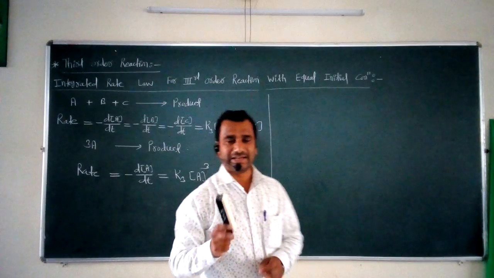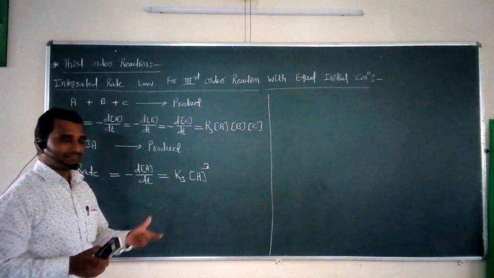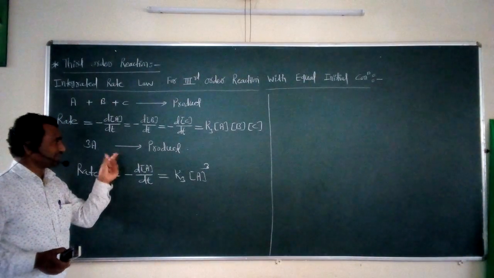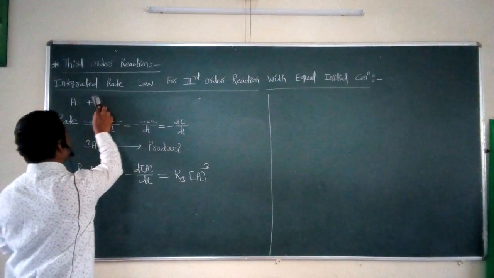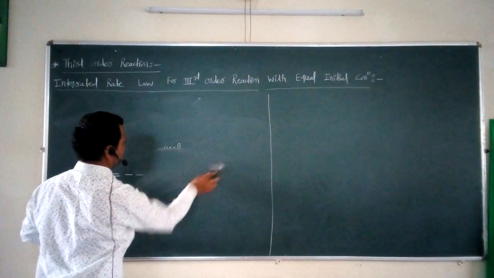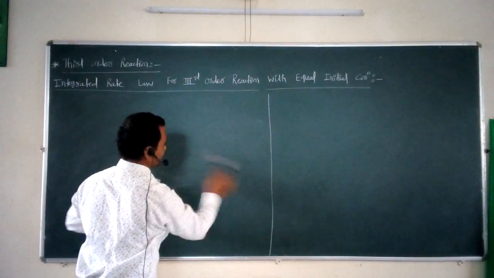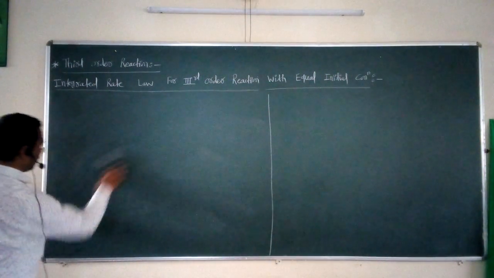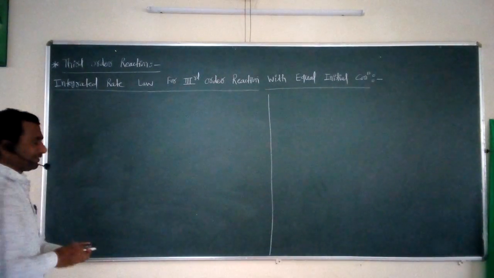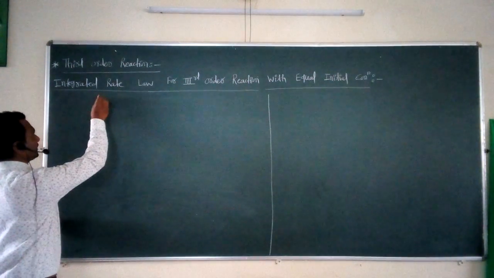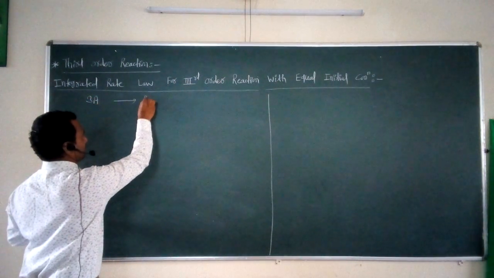Now for the derivation of this particular equation, we have to consider a general chemical reaction. So I consider the same general chemical reaction that we already discussed: 3A gives the product. Three moles of A give the product.